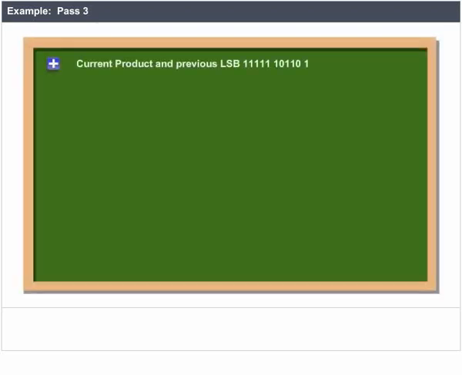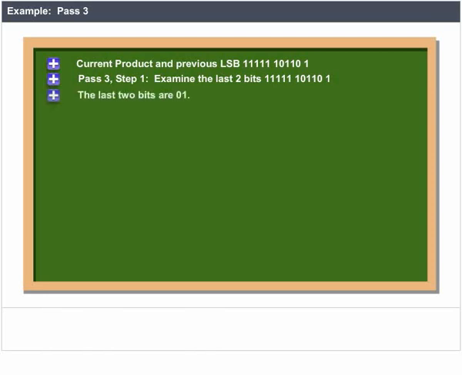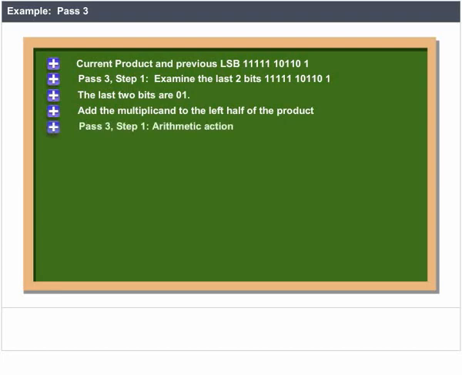Example, Pass 3. Current product and previous LSB: 11111, 10110, 1. Pass 3, Step 1. Examine the last two bits of 11111, 10110, 1. The last two bits are 0, 1. Add the multiplicand to the left half of the product. Pass 3, Step 1, arithmetic action.